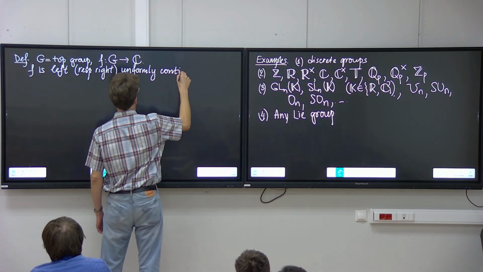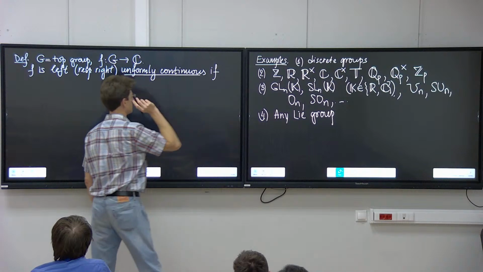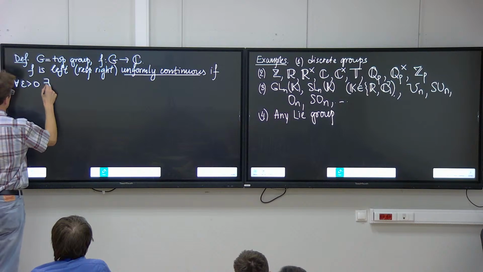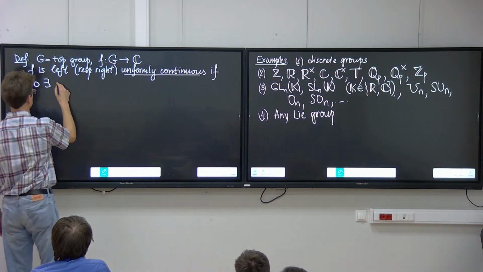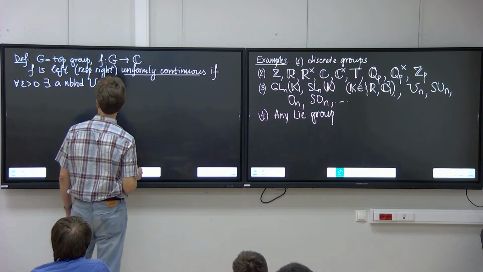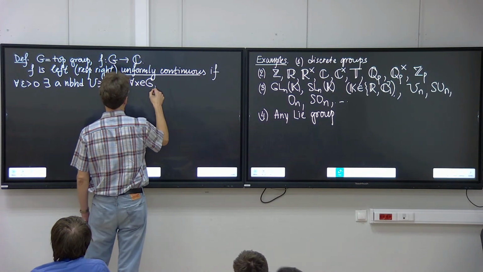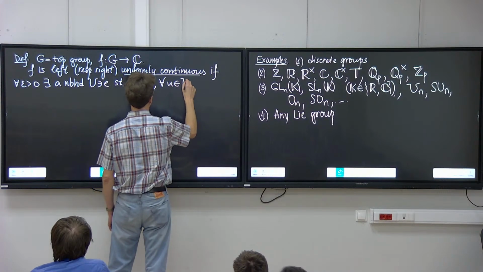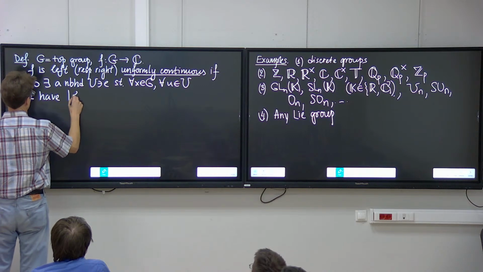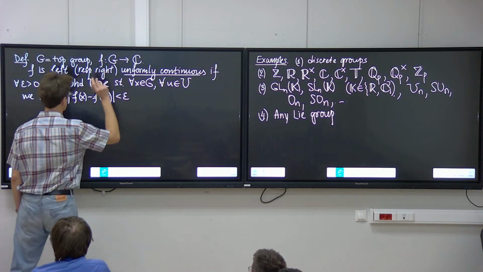Continuous. If it satisfies the following condition: for every positive epsilon, there is a neighborhood U of the identity element, such that for every x in G and for every little u in this neighborhood, we have the following inequality: |f(x) - f(xu)| < epsilon.